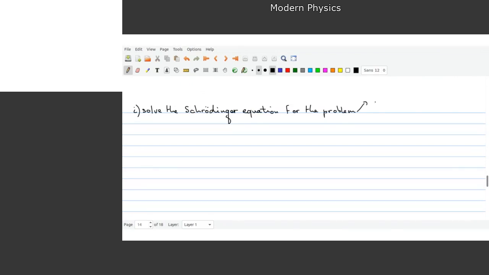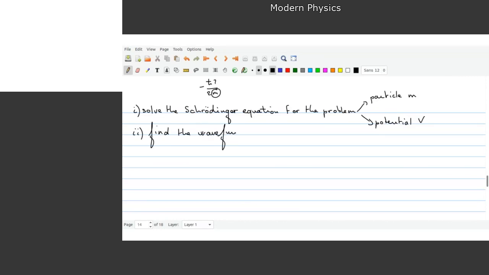It is the particle, essentially the mass of the particle, because you have minus h squared over 2m, so you have to have the mass of the particle, and also this particle in the potential energy V. So you put these two quantities in your equation, and solving it means that you will find the wave function.